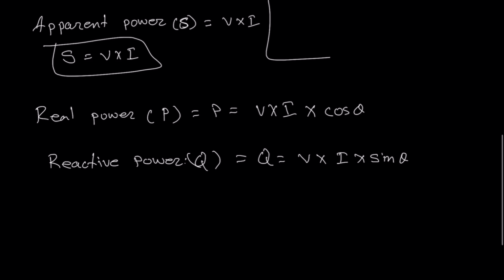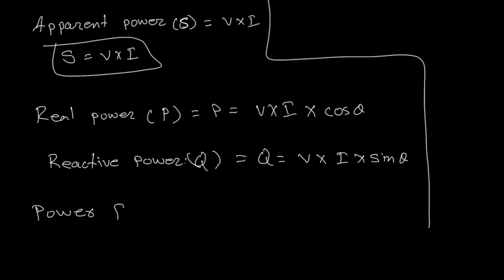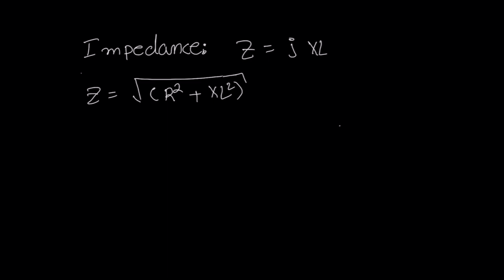Now coming to power factor. Power factor, or PF, is equal to cosine of theta. We already talked about impedance, which was Z equal to J times XL.